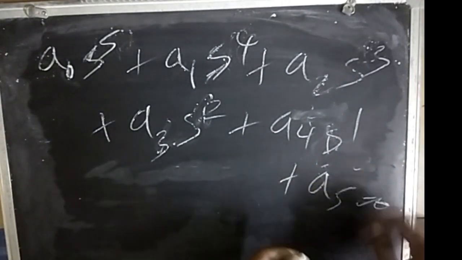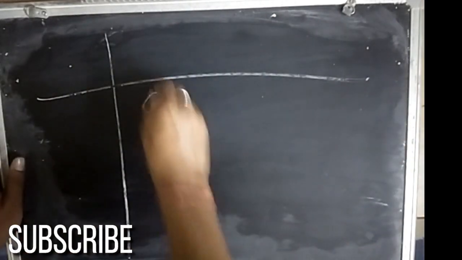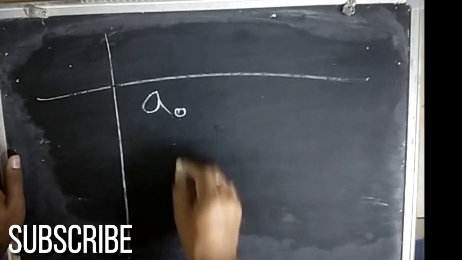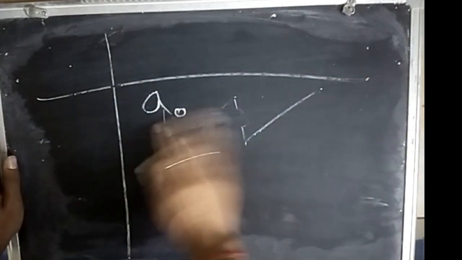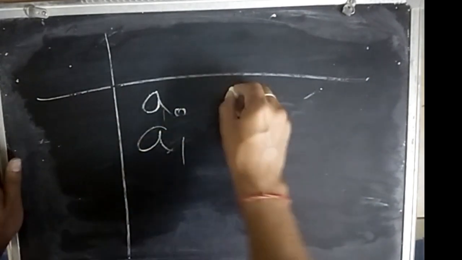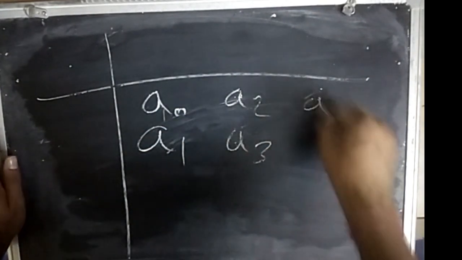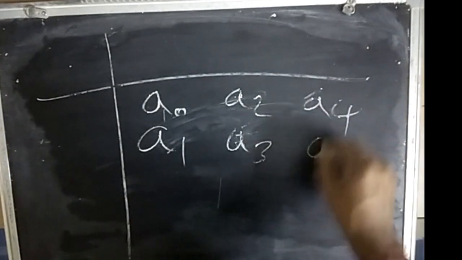So what we do is make the Routh array like this. Put A0 first, then go here, then here, then here. This way, write A0, A1, then A2, A3, A4, and A5.